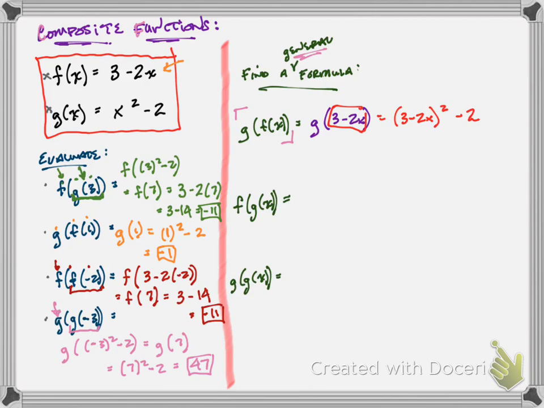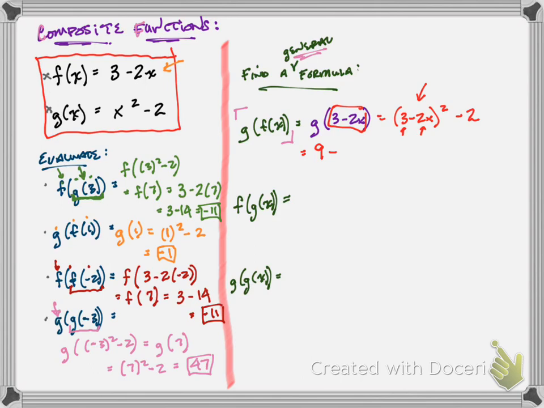We talked in class about the shortcut. If you're squaring a binomial, and I want to strongly encourage you to memorize this shortcut, if you're squaring a binomial, a minus b, you square a, so 3 squared is 9. You subtract twice, so 2 times the first times the second, so that's going to be minus 2 times 3 times 2x.